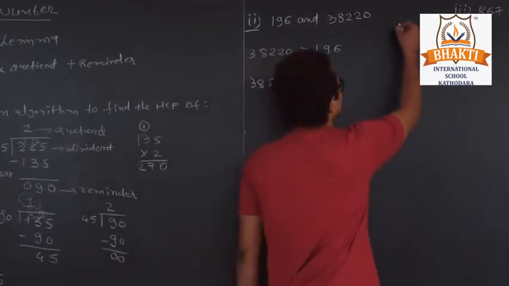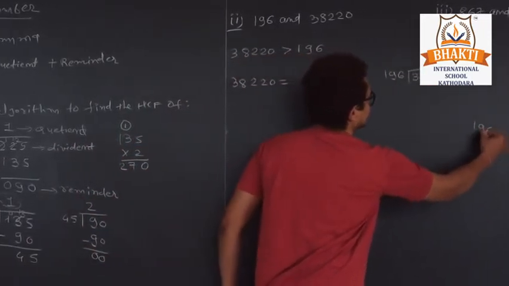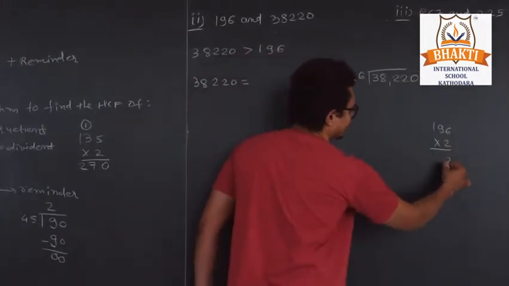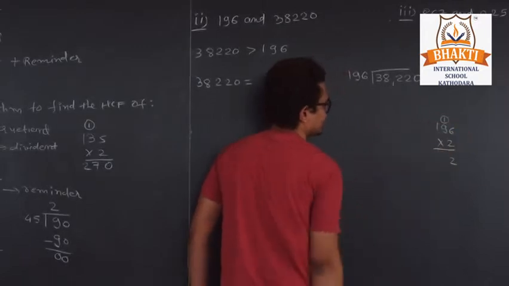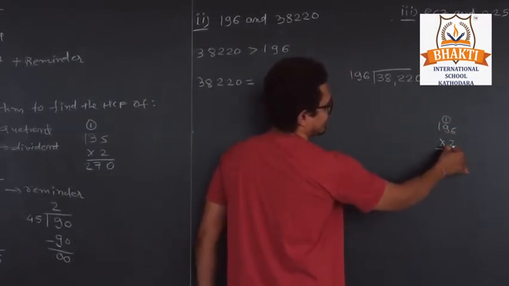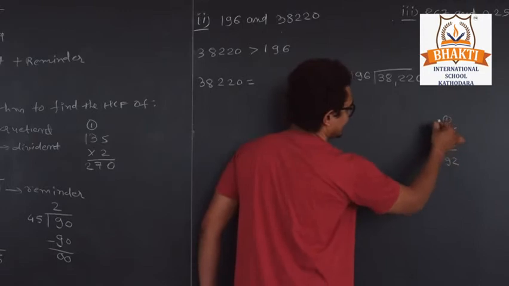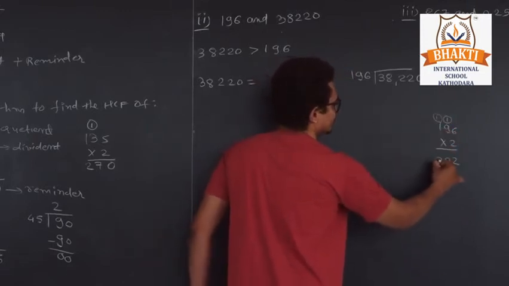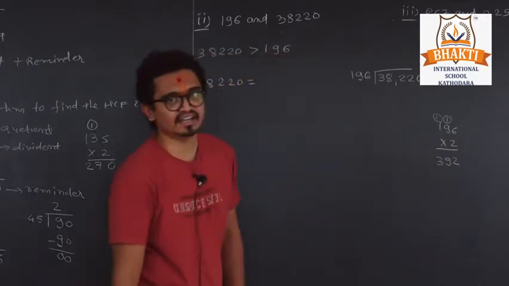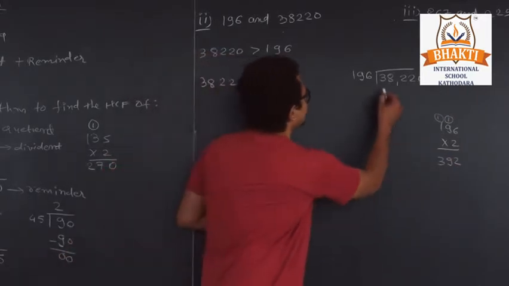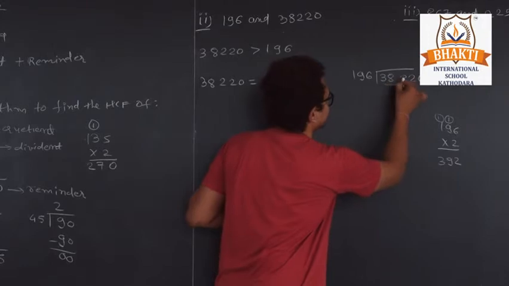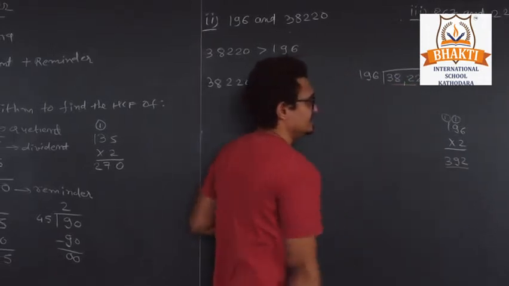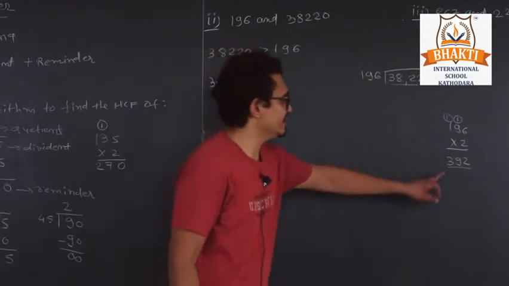We can also find 196 twos. 6 twos are 12, so we get 1 as carry. 9 twos are 18, 18 plus 1 is 19. Once again we get the carry 1. 1 two is 2, plus 1, so it is 392. So here we can clearly see that our first 3 digits are 382, and here we have 392, which is greater.